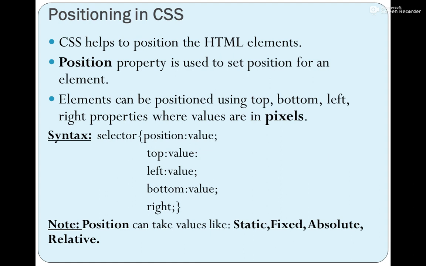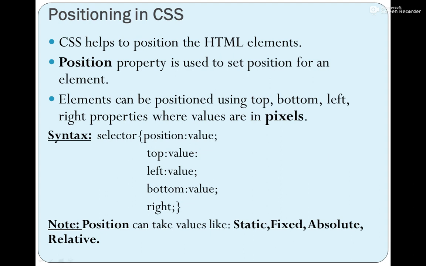In short, for using the position property, we also require a few other properties: top, left, bottom and right. Using these four properties combined with the position property, you can give a placement to any HTML element. I hope it is not confusing.